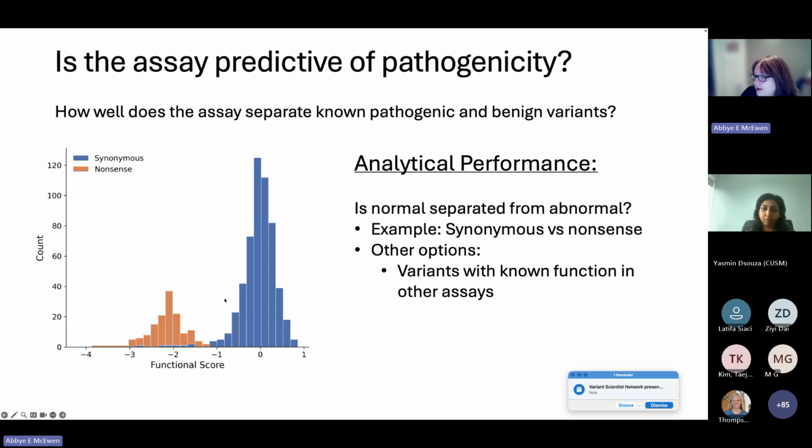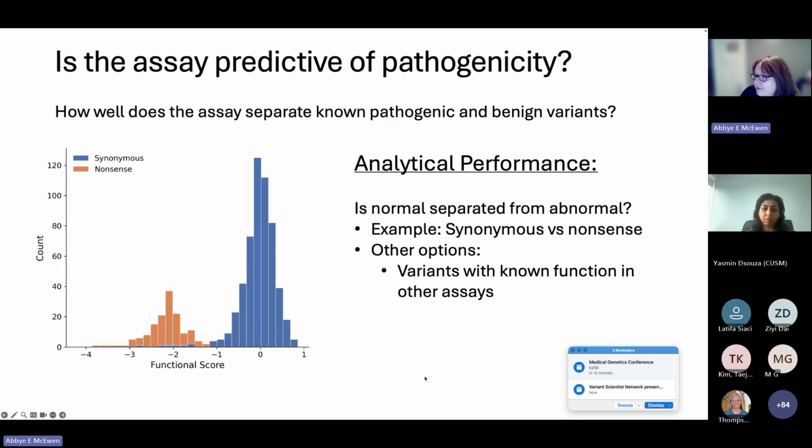And you can see that putative benign variants, which are represented by synonymous, and putative pathogenic variants represented by nonsense, are pretty well separated. And if you don't see this kind of good separation, your assay probably doesn't work very well.